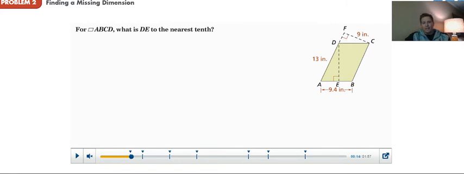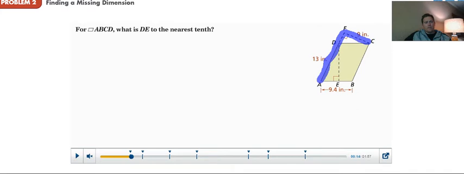But if we are looking at this, we can still find the area of this parallelogram right here by using, again, that right angle we just covered. So I can find the area of parallelogram ABCD by using 13 as my height and using 9 right there as my base, because again they come together at a 90-degree angle.